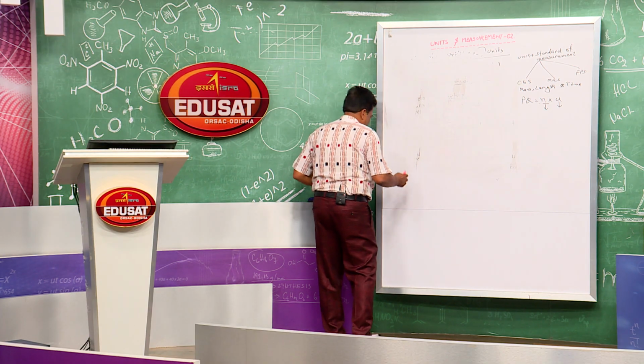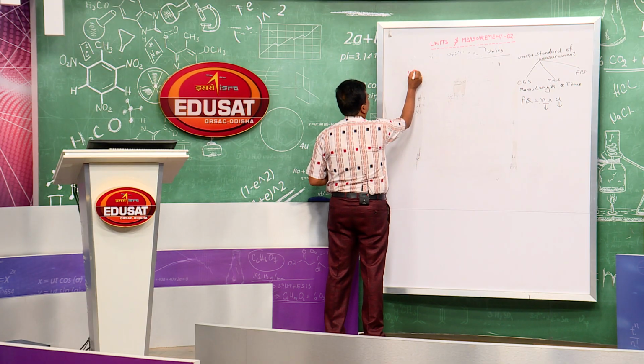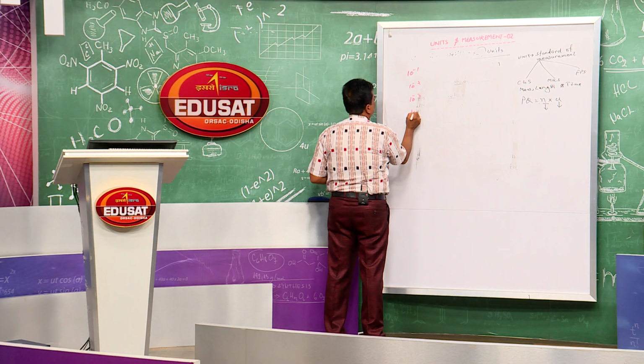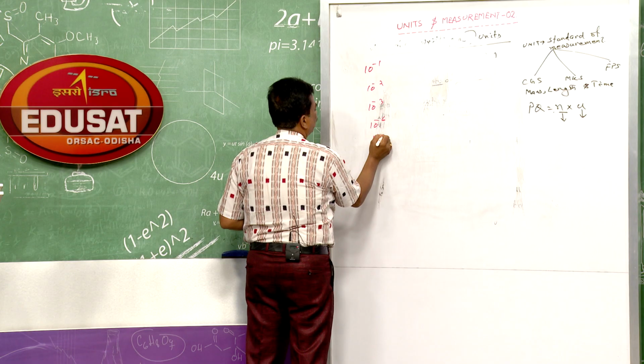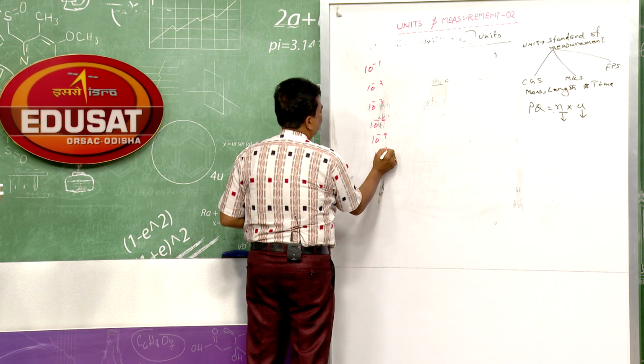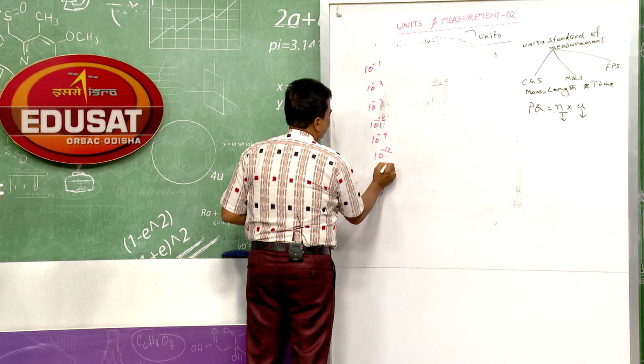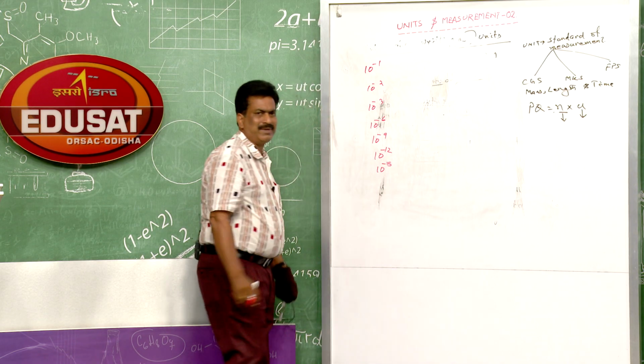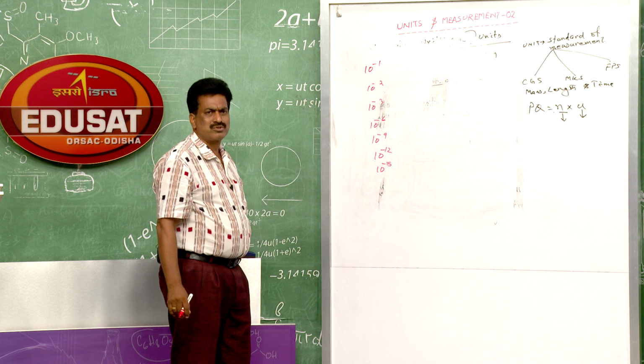For small and large, suppose 10 to the power of minus 1, 10 to the power of minus 2, 10 to the power of minus 3, 10 to the power of minus 6, 10 to the power of minus 9, 10 to the power of minus 4, 10 to the power of minus 15, likewise. These are the very small ones.